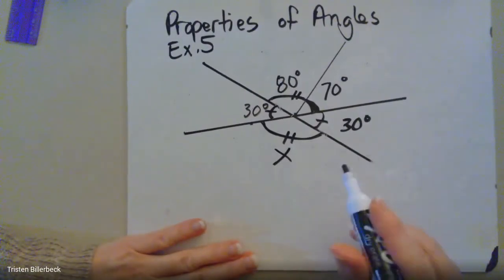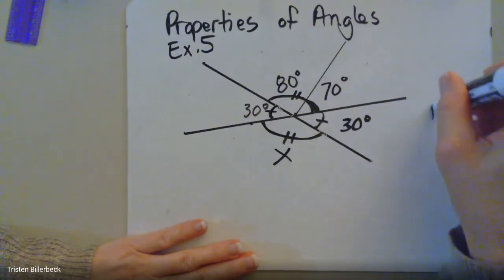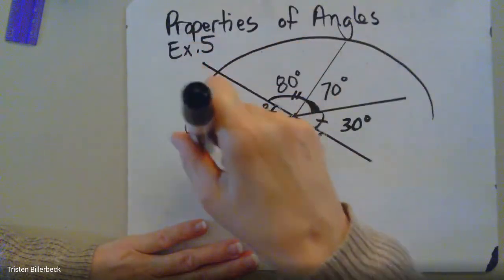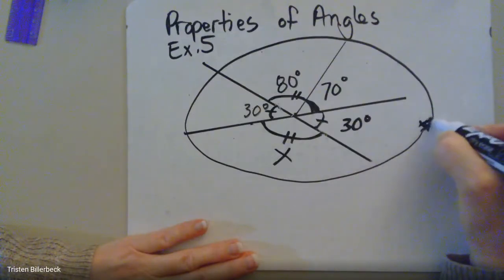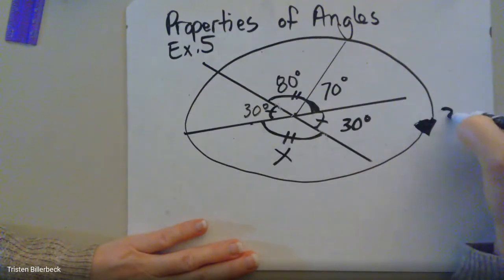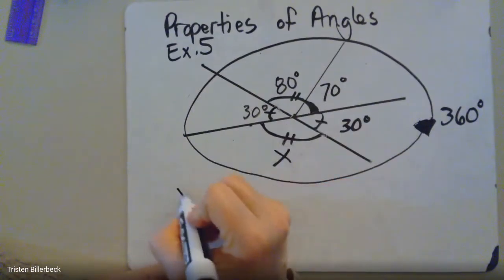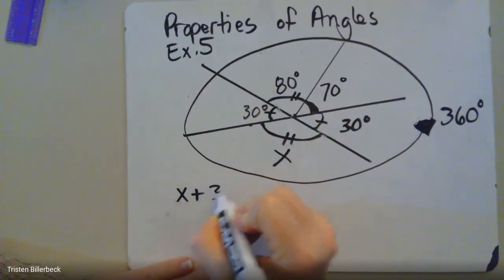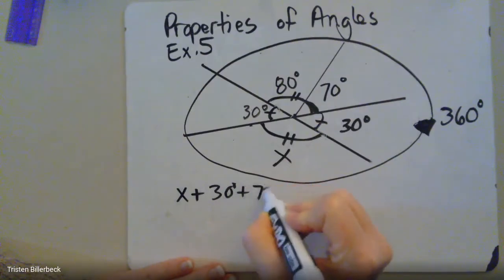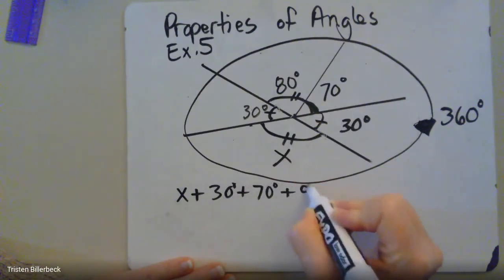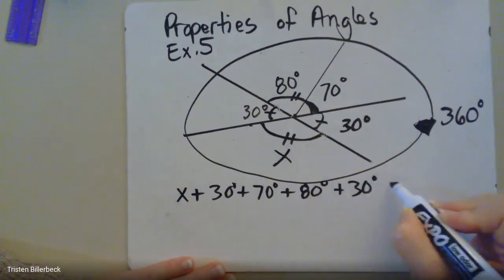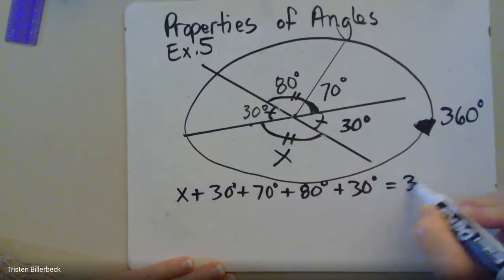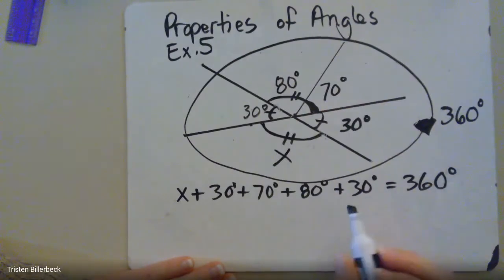But if we don't see that, we know that making a full circle going all the way around would be 360 degrees. So we can add up x plus 30 degrees plus 70 degrees plus 80 degrees plus 30 degrees equals 360 degrees.